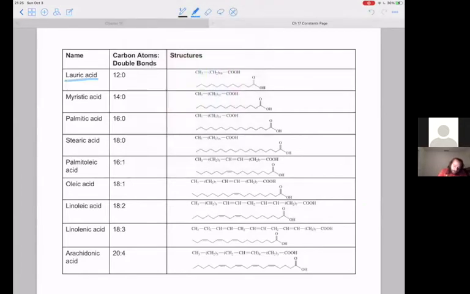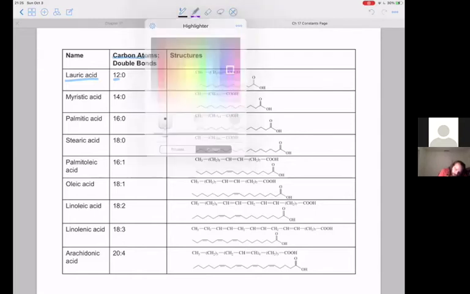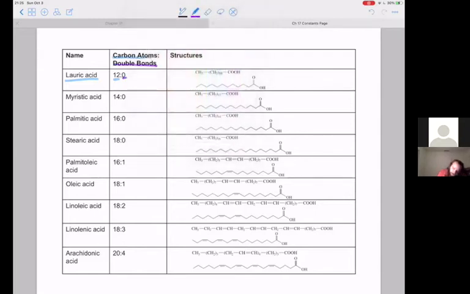The first number is the number of carbon atoms, and the second number is the number of double bonds, and then you have both the condensed structure, as well as the bond line structure for what that fatty acid looks like.